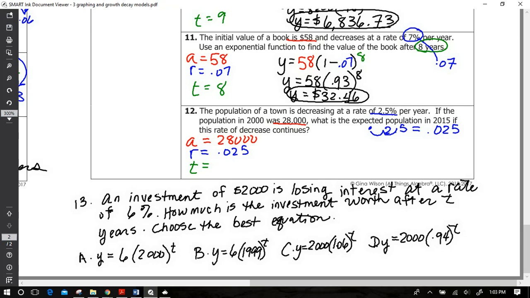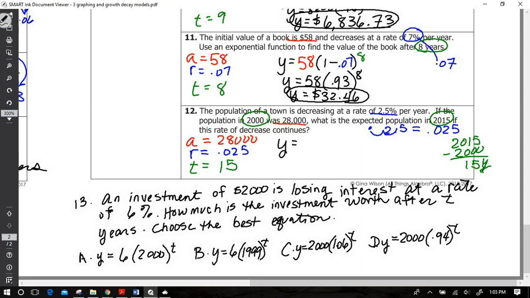And then my time in years, they didn't give it to me, but I know that I am starting in 2000 and I am ending in 2015. And so that should be equivalent to 15 years. All right. So I'm going to plug in 15 for my time. And now let's fill in this equation.